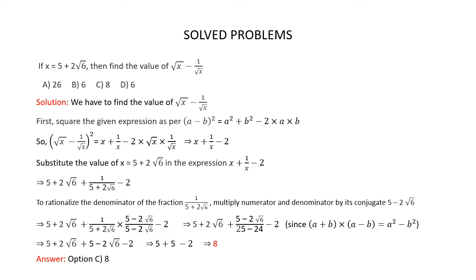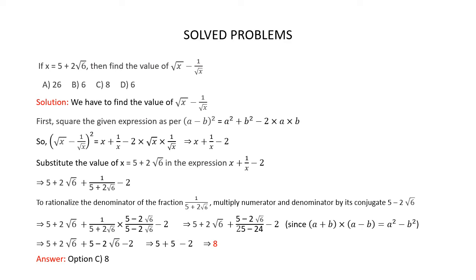Now when you simplify this, you will get 5 plus 2 root 6 plus 5 minus 2 root 6 divided by 25 minus 24. How did you get this 25 minus 24? When you rationalized here, you have 5 plus 2 root 6 multiplied by 5 minus 2 root 6 in the denominator.